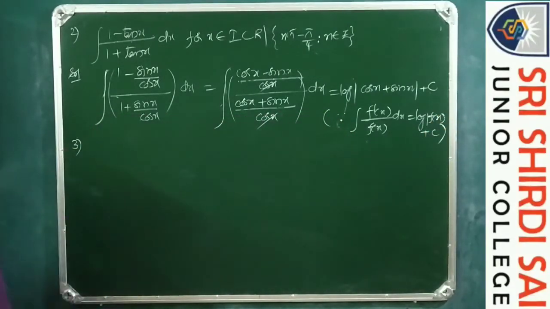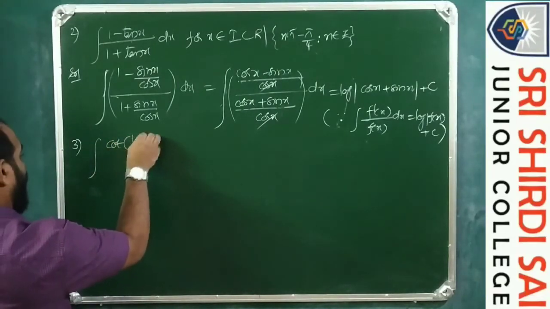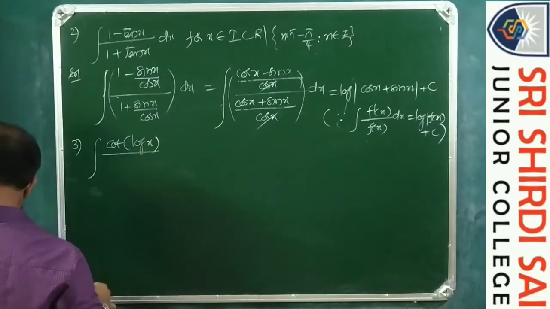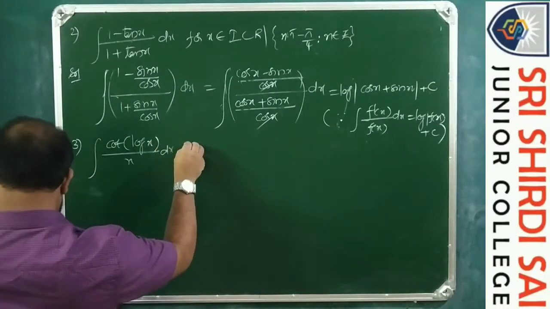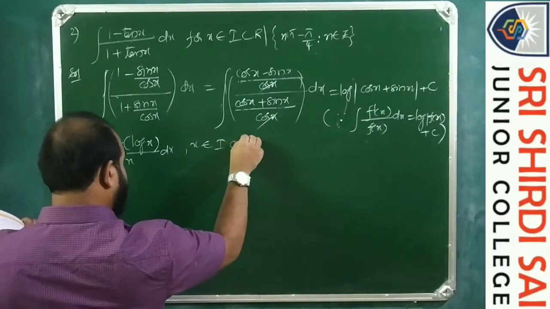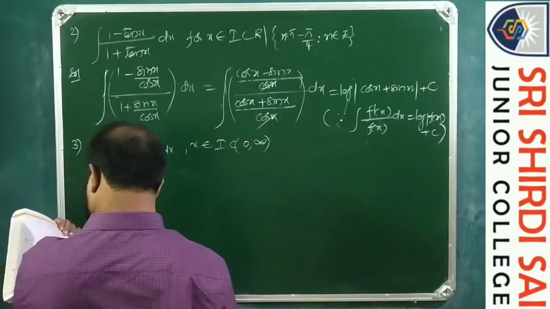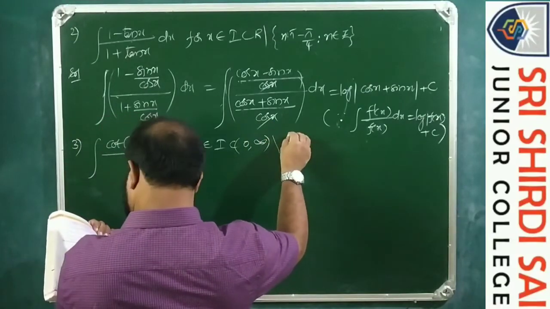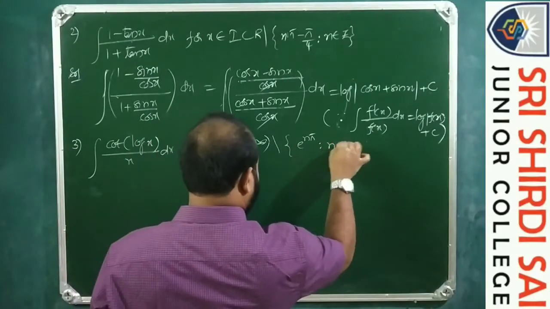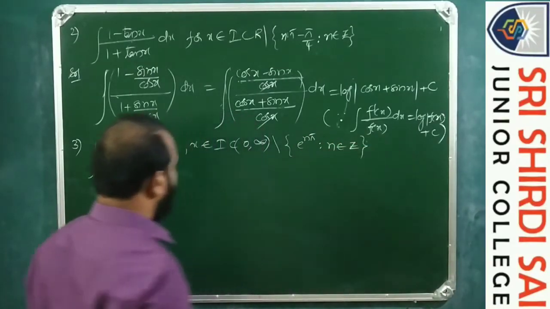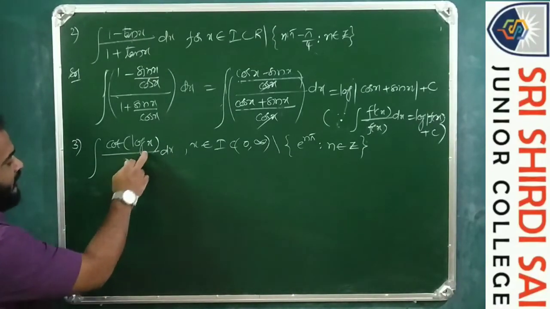So the next one is integral cot(log x) by x dx, where x belongs to I, a subset of 0 to infinity, such that x is not e power n pi, n belongs to Z. So one thing is sure that the derivative of log x is 1 by x.